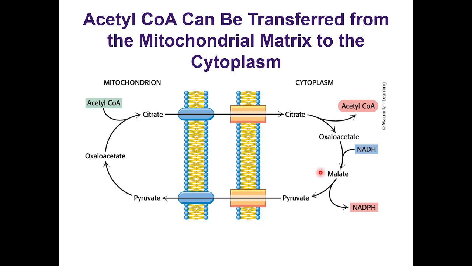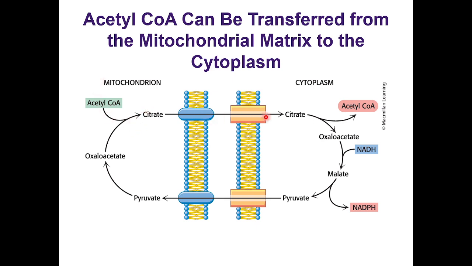This right here is going to be that transportation. And again, the acetyl-CoA can be transferred from the mitochondrial matrix indirectly, but it's going to take that citrate and pyruvate exchange. Okay? And so again, mitochondrion right here, acetyl-CoA goes to the citrate.